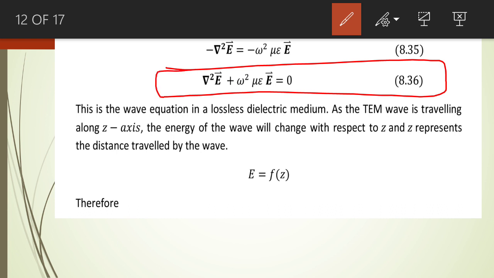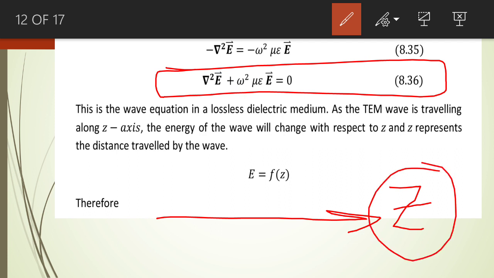Okay, we know that the wave is moving along z-axis, where z represents the distance traveled by the wave. So as the wave is moving along z-axis, the electric field intensity will be changing with respect to z only. So the electric field intensity will be a function of z.